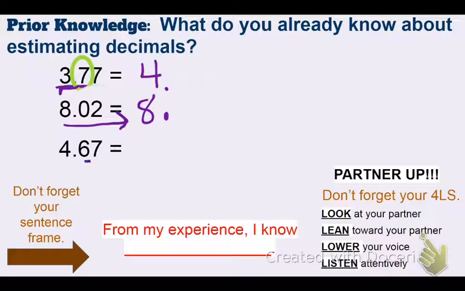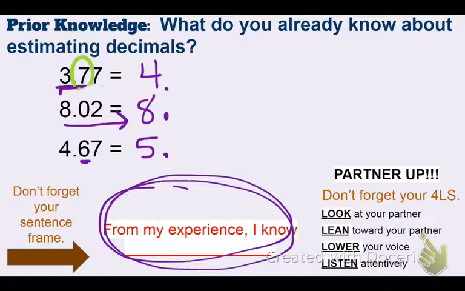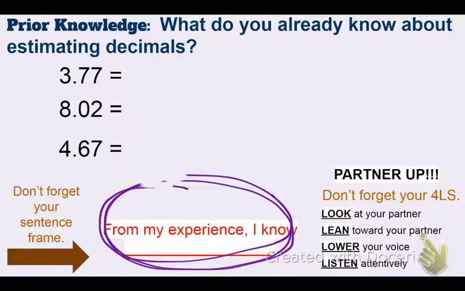Okay, I also can see here that $4.67 or 4 and 67/100 is closer to 5 as a whole number, or $5. So from my experience, I know that we can estimate or round numbers that are decimals to the nearest whole number, right? We can look at that tenths place and try to figure out what it is closest to.